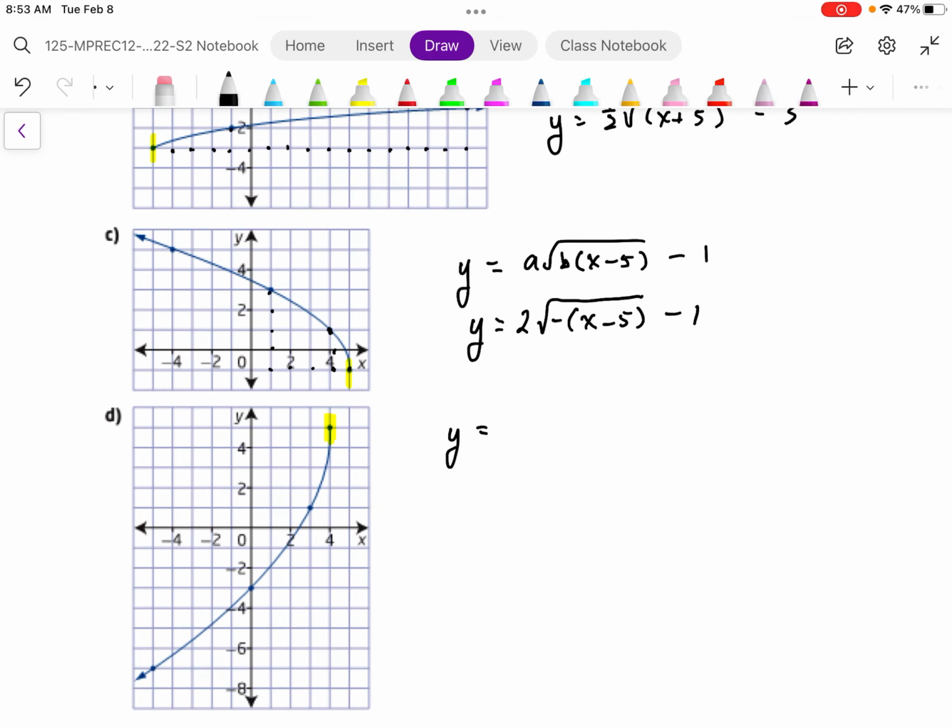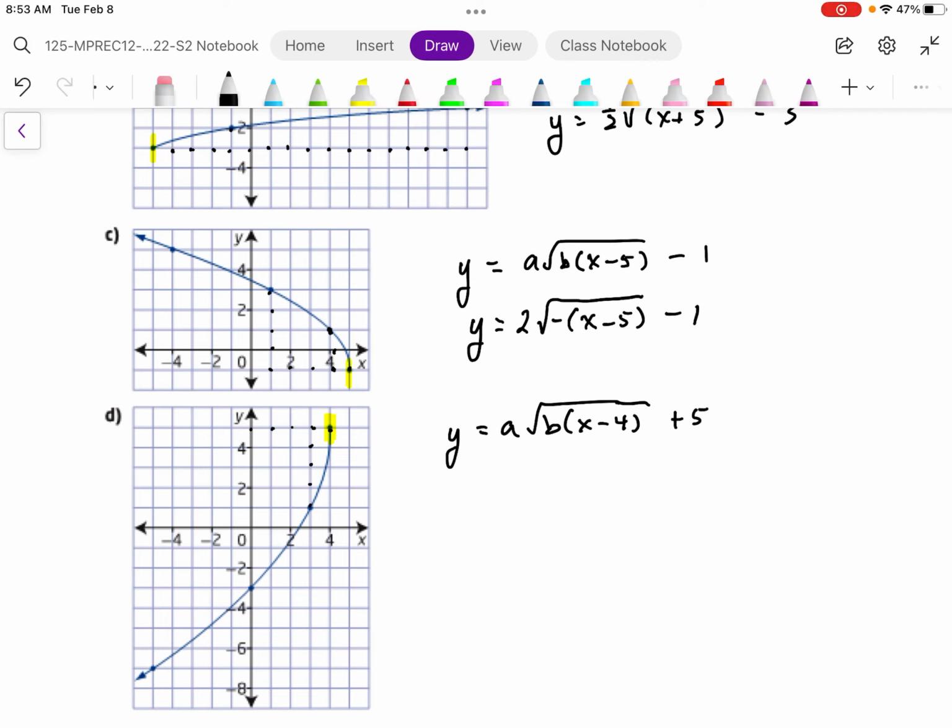And for D, again, I'm going to start with the same thing. It's a horizontal shift to the right 4, so -4, and it's gone up 5. Now this has been flipped horizontally and vertically, so I have to make note of that. But then I want to get my compression expansion factor. So here I go 1 over 1, 2, 3, 4. So it looks like a vertical expansion of 4. I'm going to confirm that with another point.